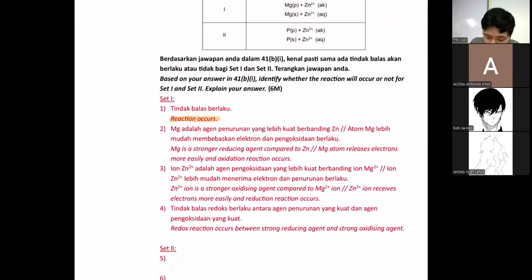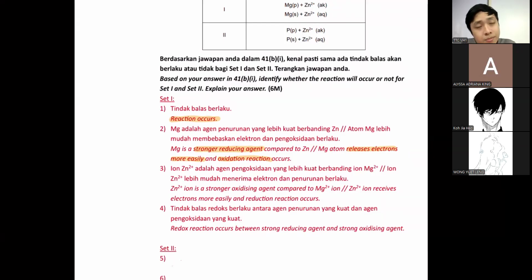Because Mg is a stronger reducing agent compared to zinc. You can say either one. You can say Mg atom releases electrons more easily and oxidation occurs. You can say either one, because in the SPM answer scheme more than one answer can be accepted.